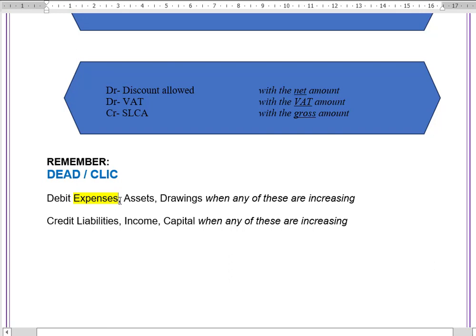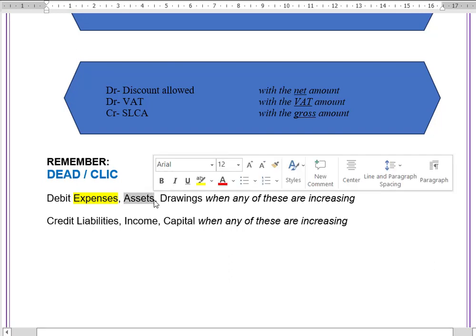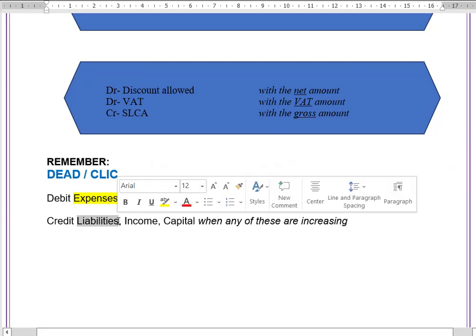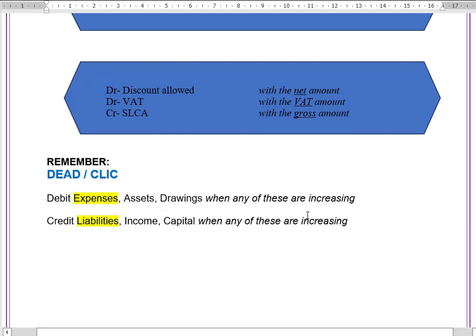The VAT on sales, which is a liability, is decreasing. So you will find that you are crediting your liabilities when they are increasing, and in this case, that VAT on sales, which is a liability, is now reducing. When that amount is reducing, you will now debit the VAT. The opposite is happening now.